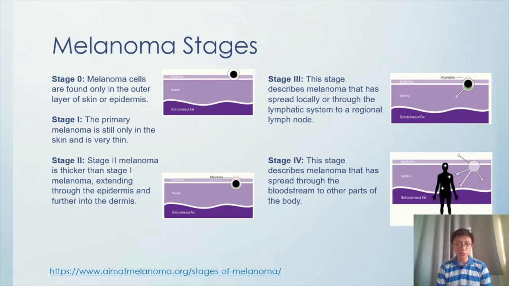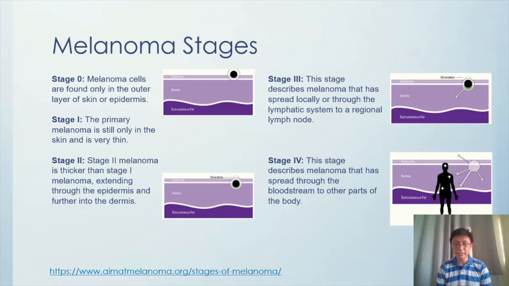For stage 2, the melanoma site is thicker than stage 1. It's extending further into the epidermis and reaching into the dermis. There might be some ulceration or some raised sites in the initial area of the melanoma.